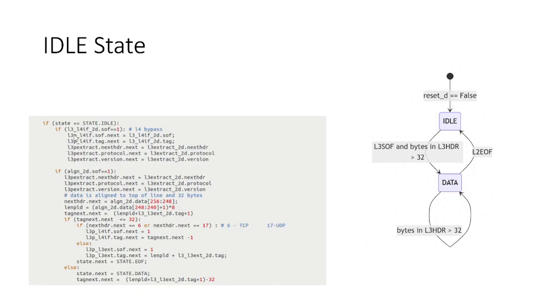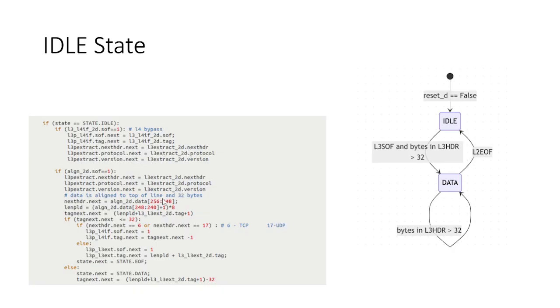Now on the left side, you can see how the code looks in MyHDL. If the state is idle, then you basically start parsing. If the SOF is received, then you extract all the header fields. The next header, the protocol, the version, those are already being provided to us.